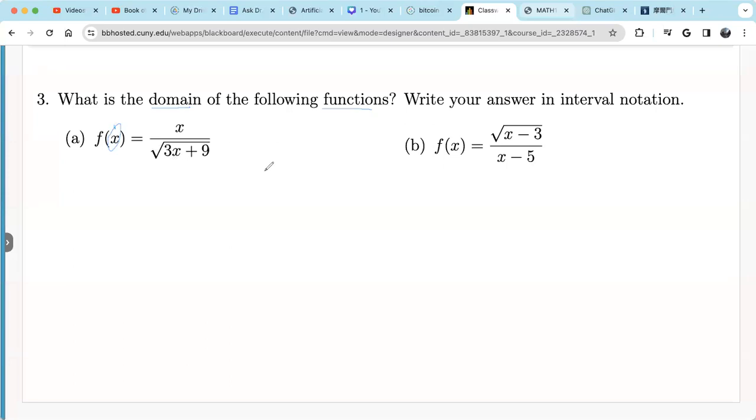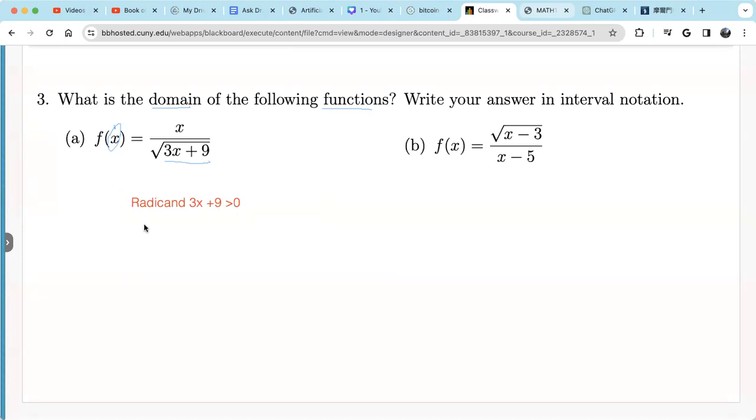Under the square root sign is called the radicand. So the radicand 3x plus 9 has to be greater than or equal to 0. However, because it's in the denominator, it cannot be 0. So we just have the radicand greater than 0.